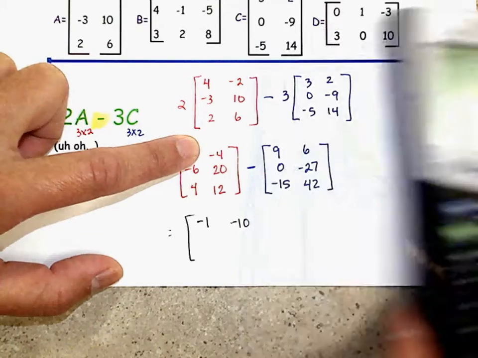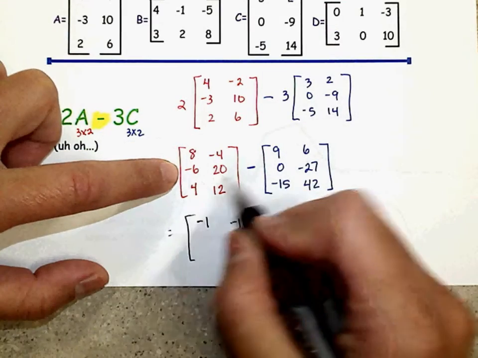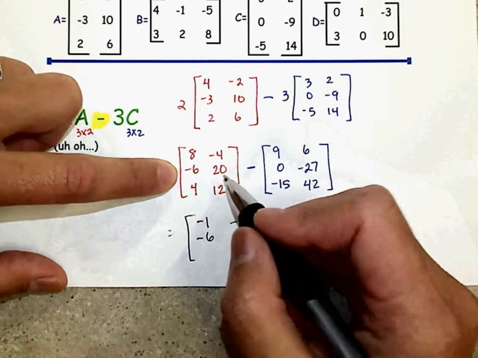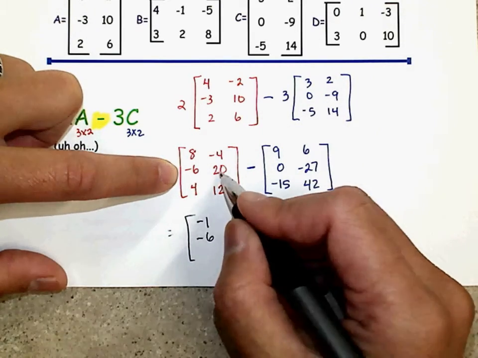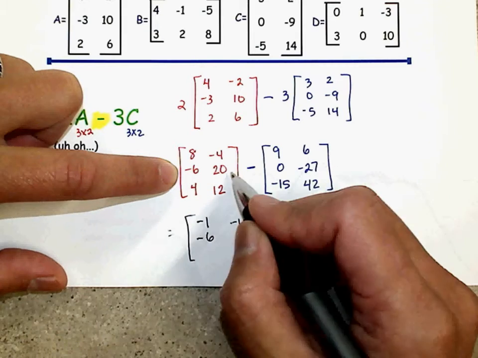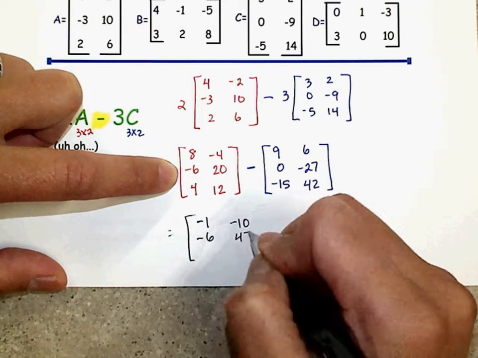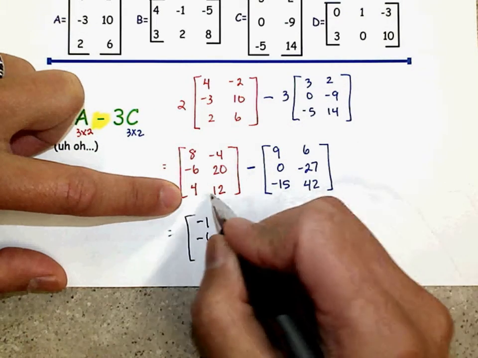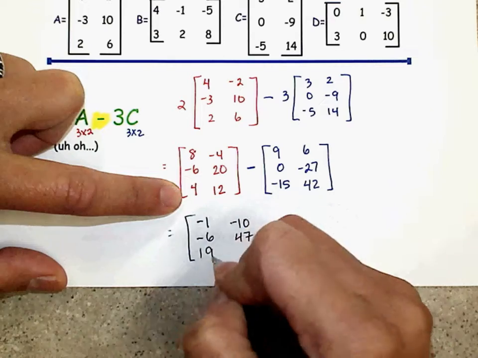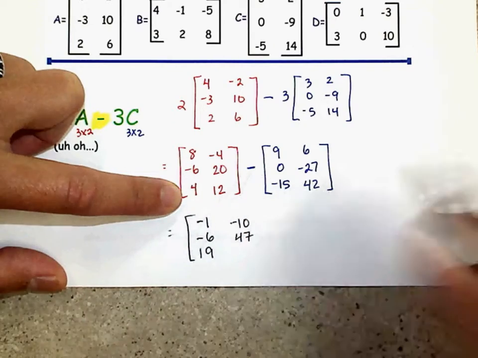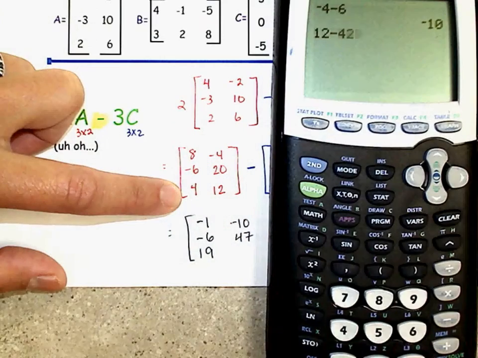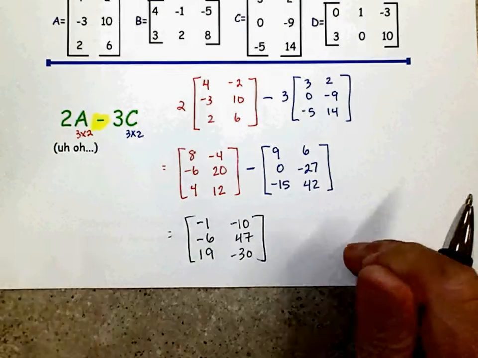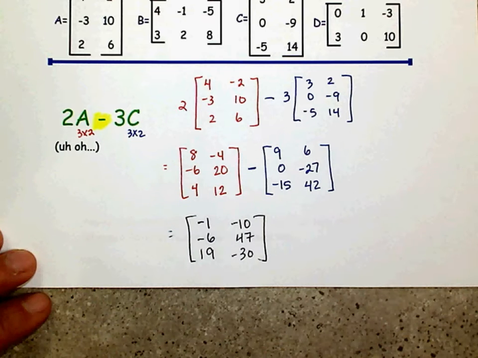Negative 6 minus 0 is negative 6. 20 minus negative 27, so that would be 20 plus 27, which is 47. 4 minus negative 15, so that's 4 plus 15, which is 19. 12 minus 42 is negative 30. And there you have your solution. Sometimes it's more than one step. Here it was 2 steps.